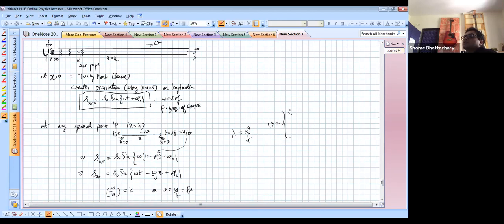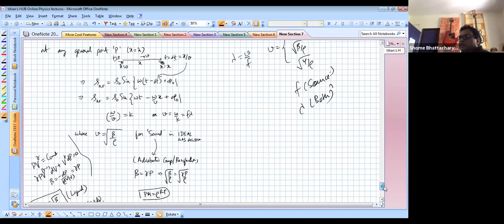So it is square root of gamma RT by M for gas, the square root of Bulk's modulus by density for fluid, and square root of Young's modulus by density for solids. So v is a property of the medium, f is the property of the source, and lambda depends on both source and medium. So that common strain of logic remains over here.